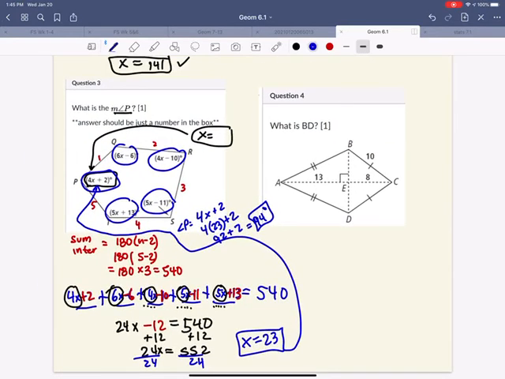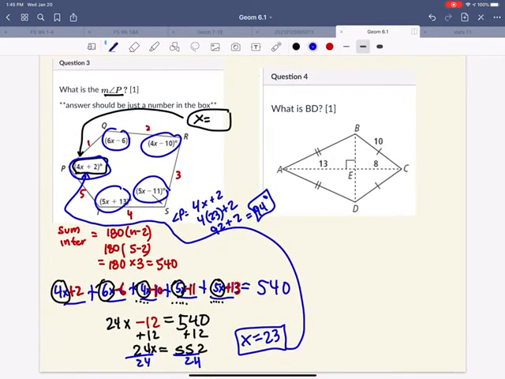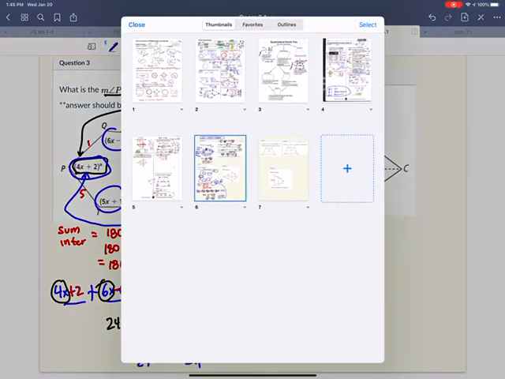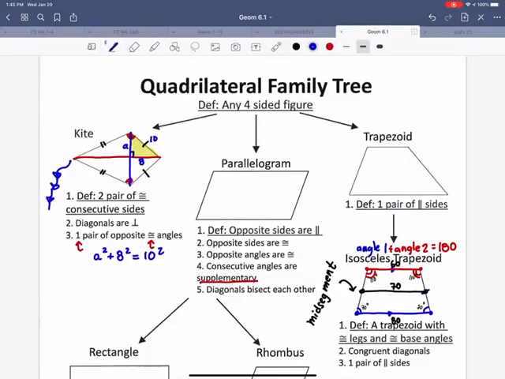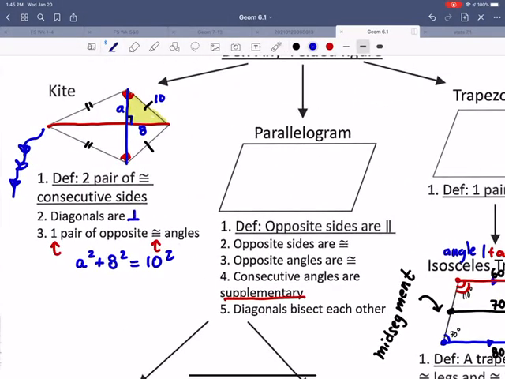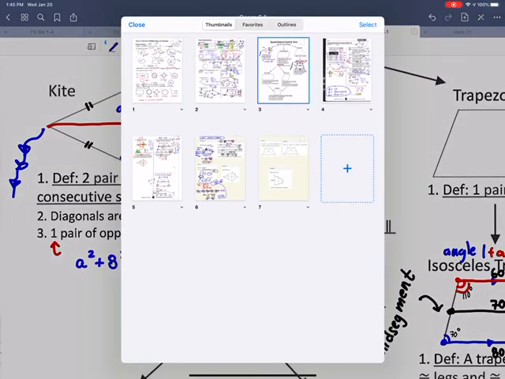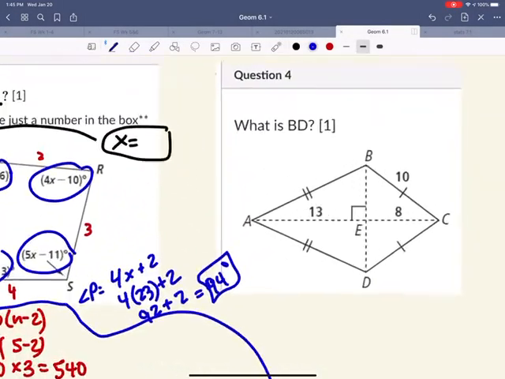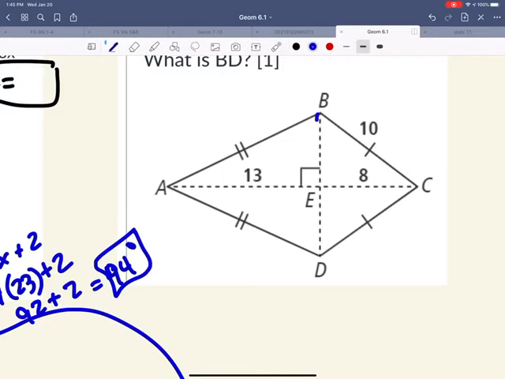All right, question 4. Now this is our kite. So again, we learned from our notes that kites are special because their diagonals are perpendicular. So that's a 90-degree angle. We also know these opposite angles are congruent. So we got to be careful about that. Okay. So here, this diagonal and that diagonal meet at a 90.